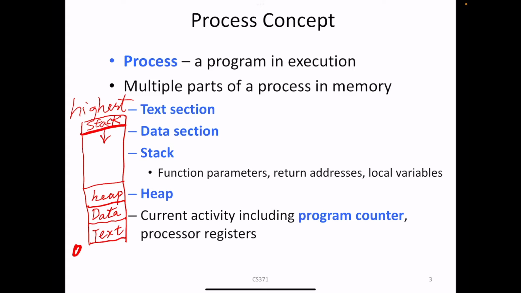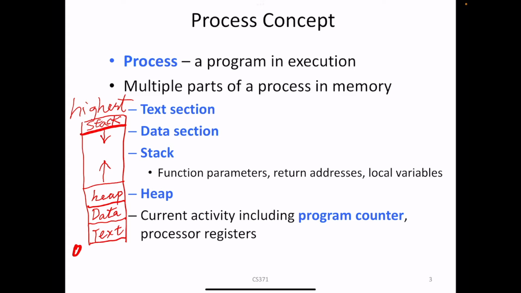The memory growth direction is from low to high, which is this direction, opposite to the memory growth direction of the stack. When you finish using that dynamic memory space, you can call the free function to release it back to the operating system so later it can be available for other processes to use.